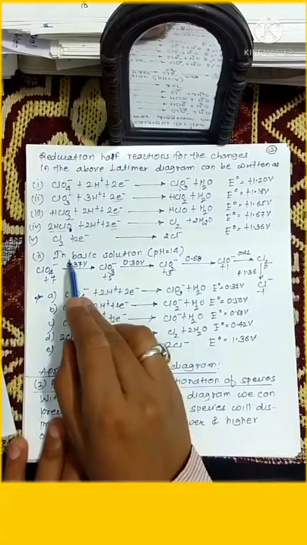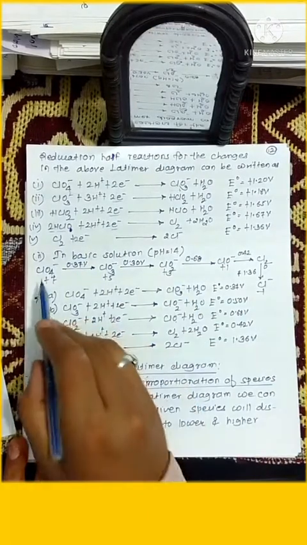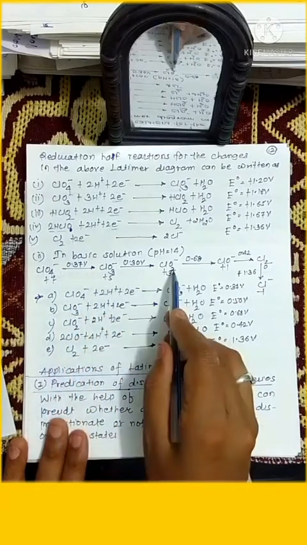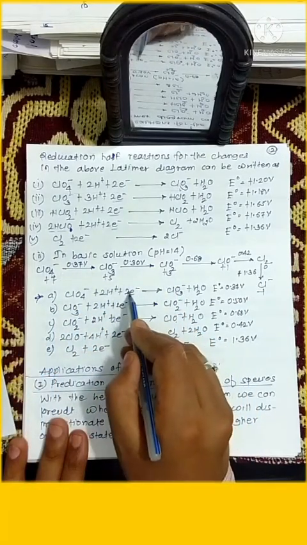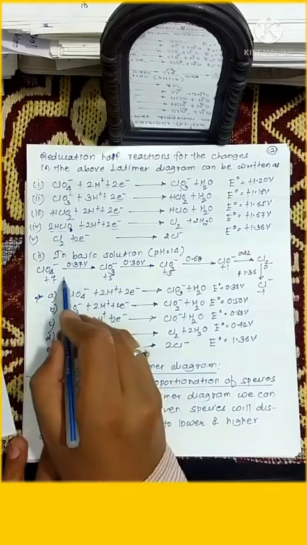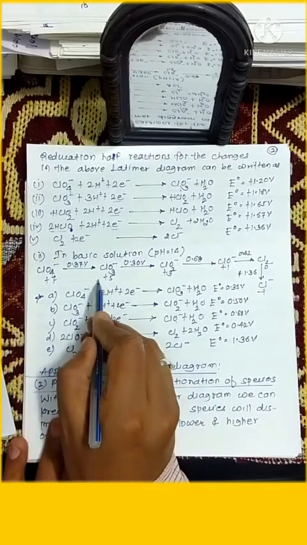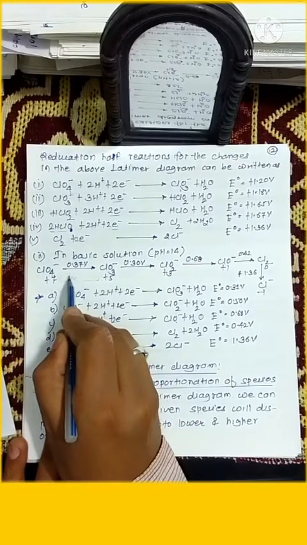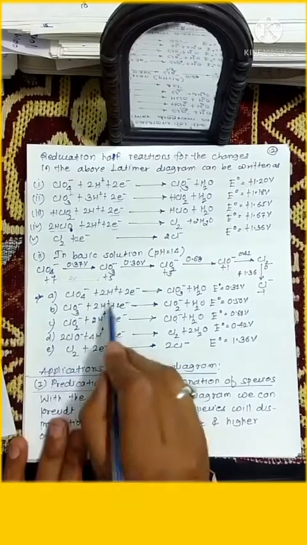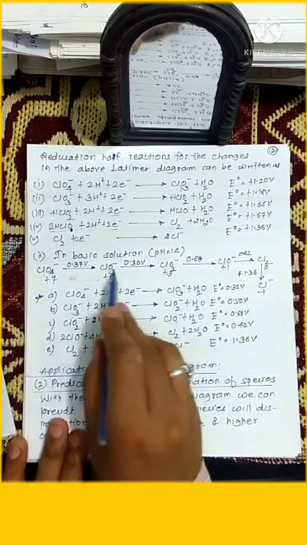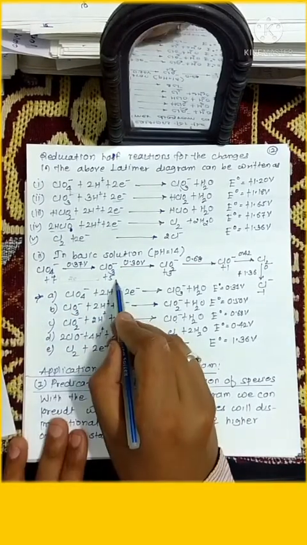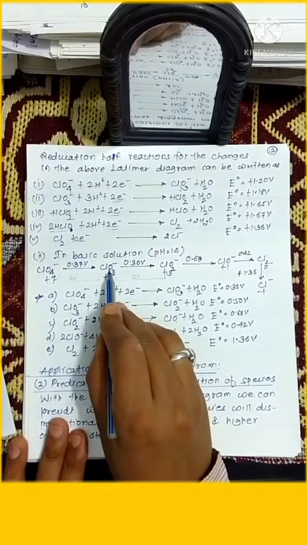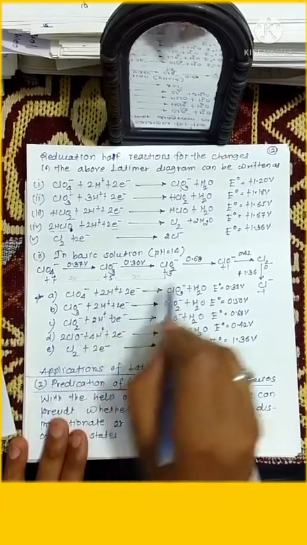So now in basic solution, this is the Latimer diagram, and for that diagram we can write the reduction half cell reactions. So from here to here, 2 electrons change, 2 electrons are taken by this species, and then it is converted to this. From here to here, 2 electrons are basically taken by this species and it is converted to this.